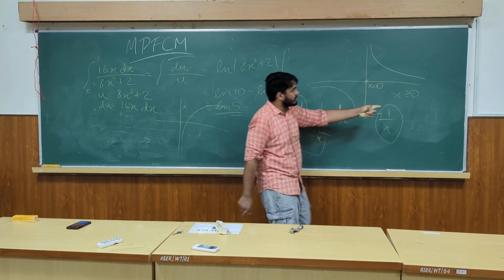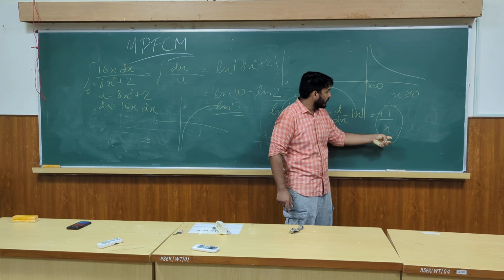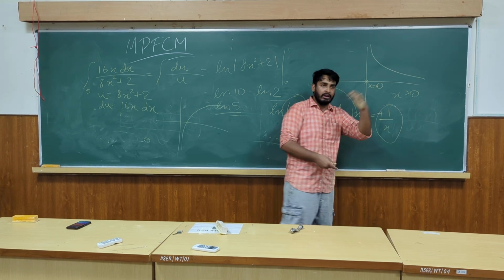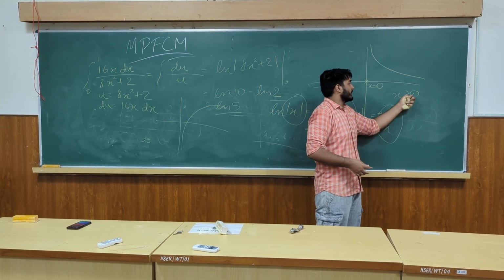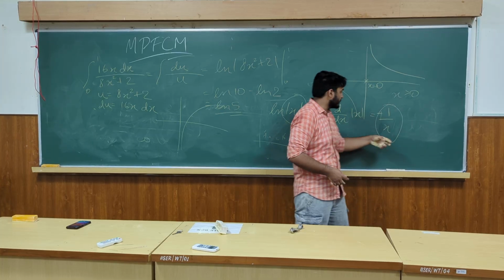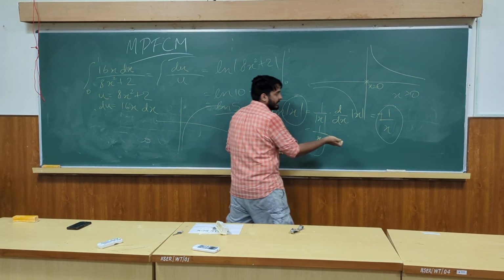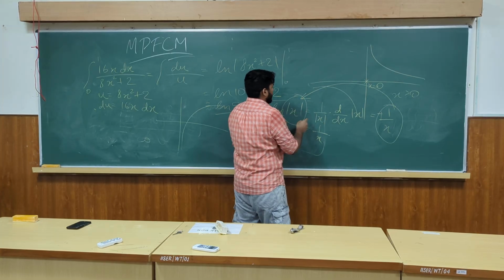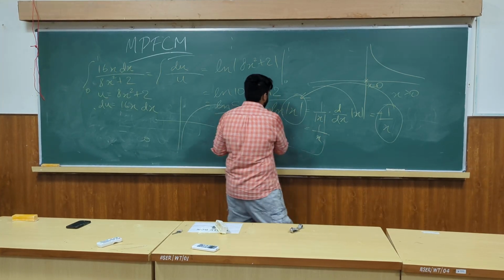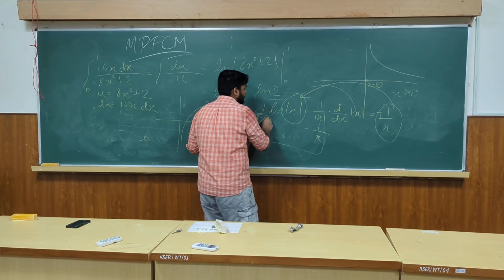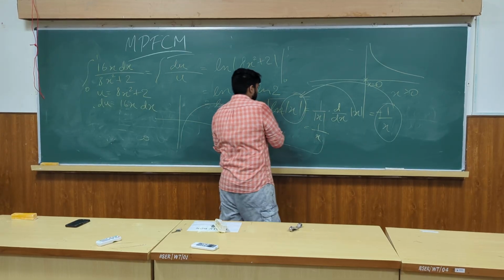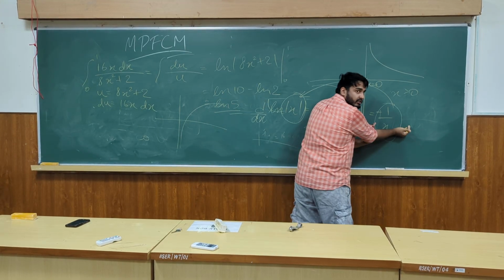So regardless, when I considered x greater than or equal to 0, no, it cannot be equal to 0, because with 1 over x the denominator becomes 0. So regardless whether I consider x to be positive or negative, when I differentiate ln x, it should rather be d over dx here, I get this function.